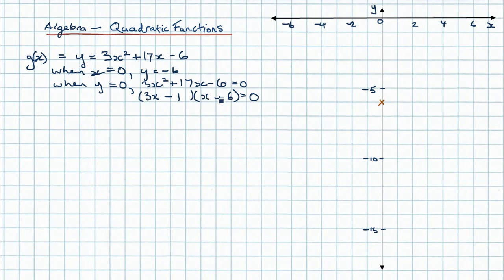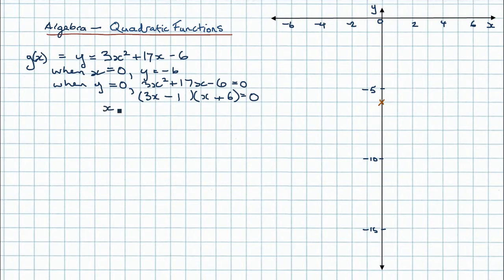Just looking at it, I could see by trial and error, 3x times 6 is going to give me my 18x, and then minus x gives me my 17. So I didn't need to do any working out. I could have done, and nothing wrong with doing that, but if you can jump that stage, the nice thing about factorizing is that you can just check at the end. So I know that's definitely correct. All right. Good, that saved a little bit of time.